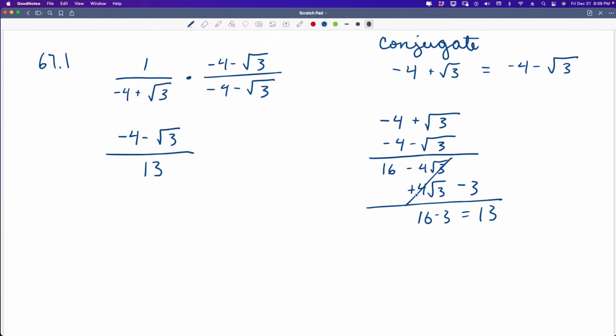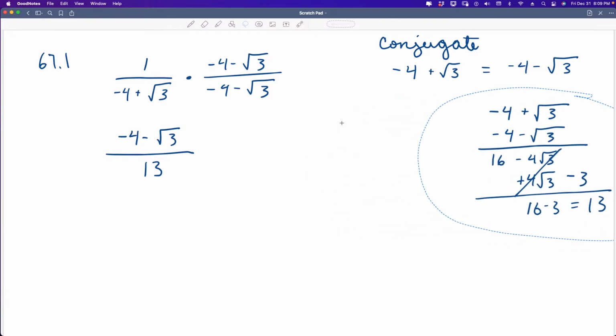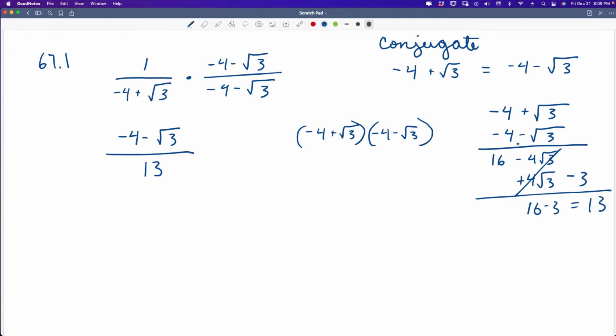Now, again, I said you could use the distribution method. This is the distribution method, just used in a full stacking format. The other distribution method is where we label each line. So let me review that as well. We would say negative 4 plus the square root of 3, that's our first term, times negative 4 minus the square root of 3, which is our second term, right?